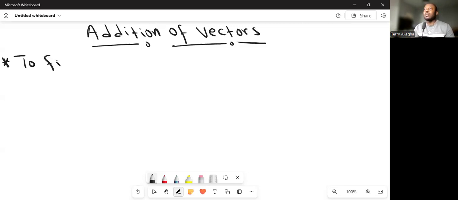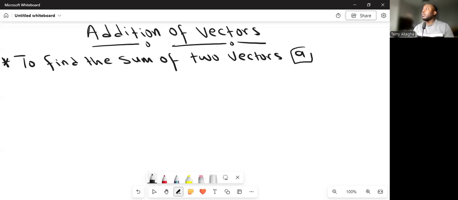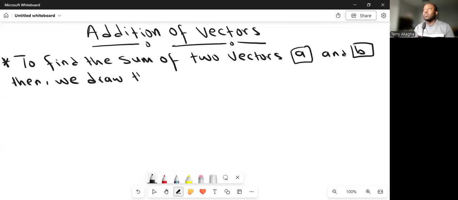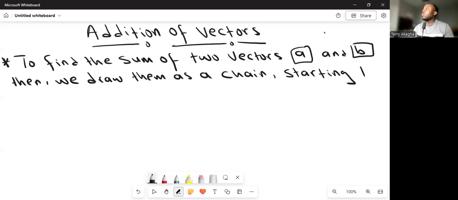To find the sum of two vectors, let's assume we want to find the sum of two vectors, A and B. Then we draw them as a chain, starting the second one where the first ends.